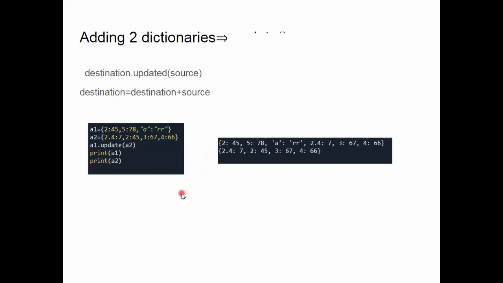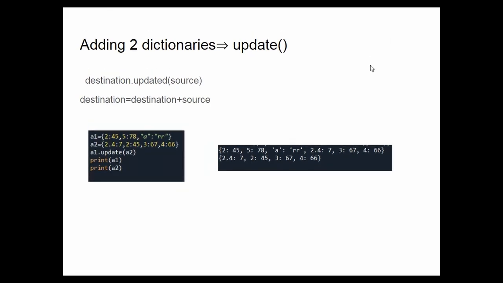Now adding two dictionaries, adding the elements, by using the update function. So how we can combine them by using the update function is this. Here this is the source, and in this A1, which I want to modify, I want the elements of A2. So I am going to write A1, which is the destination, dot update source, from where I want the content.